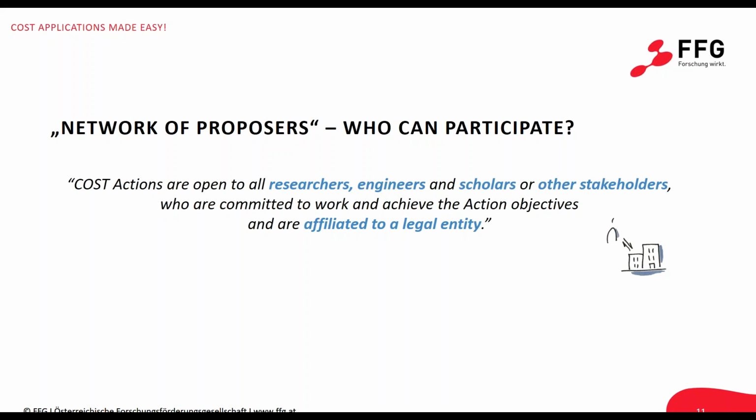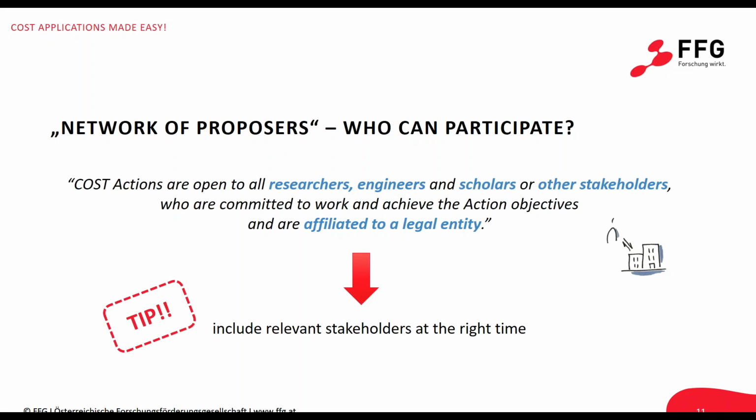You can actually think broadly and come up with people who might be relevant, no matter if they're from some kind of associations or public authorities or whatever, who might help, particularly also when it comes to your impact, who you would want to integrate into your COST proposal.